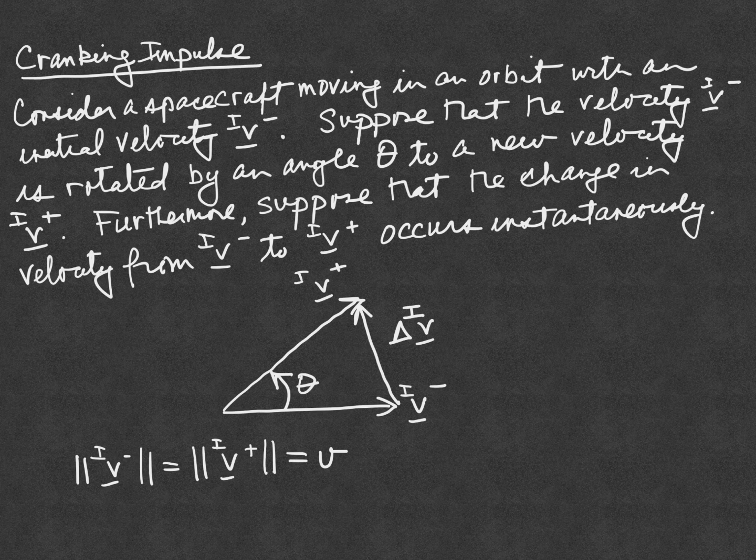There's no change in the magnitude of the velocity. In other words, there's no change in the speed. So as a result, each of the sides of this triangle has length V. Now, because the magnitude of VI minus is equal to the magnitude of VI plus, that implies the speed does not change.